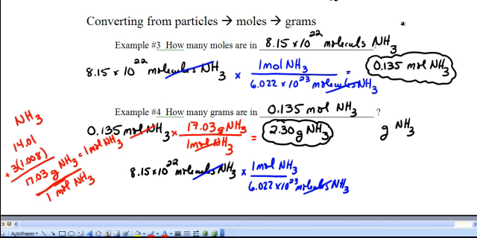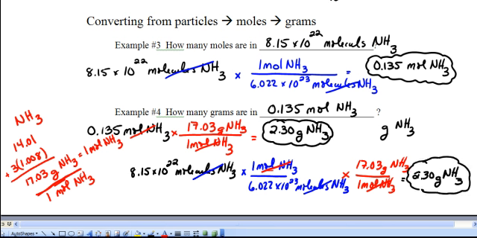And then before you do the calculation, because you are already in moles, the next fraction can put moles on the bottom. 1 mole of NH3 is going to be under the 17.03 grams of NH3. The moles will divide out with moles. You're left with grams. You're looking for grams. And so you'll take your 8.15 times 10 to the 22nd times 1 divided by Avogadro's number times 17.03 divided by 1, and you'll get the exact same answer of 2.30 grams of ammonia. And you can do it all in one step.